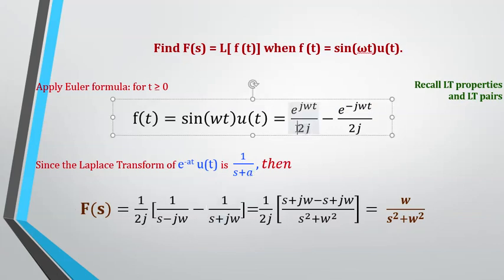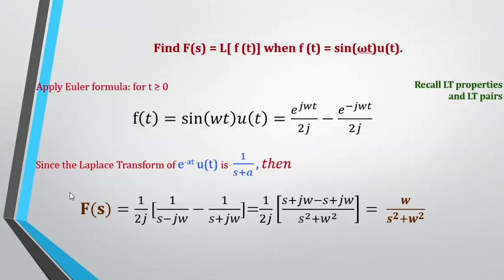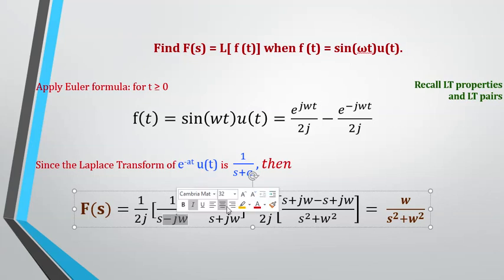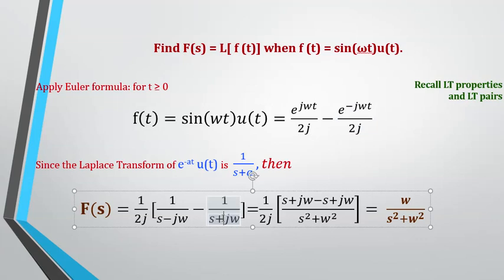And I took the common factor 1 over 2j and left it outside. So my function in the s domain will be 1 over 2j times this. For e to the power of j omega t u(t), it became 1 over s minus j omega, because you remember I told you the sign will change. So I had plus j omega here, it becomes s minus j omega. And here, I had minus j omega, it will become 1 over s plus j omega.